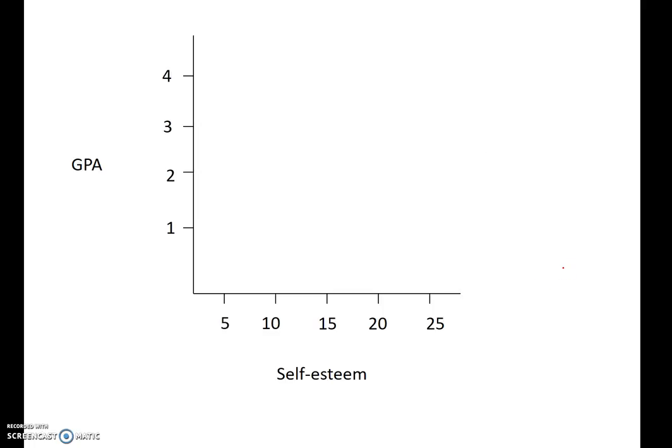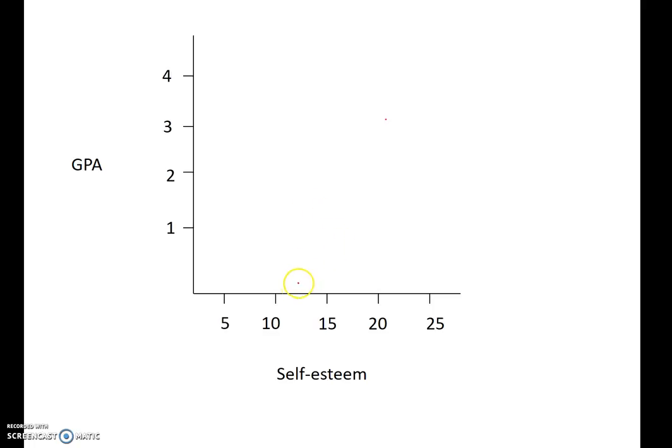All right, let's just say we were doing a study on GPA and self-esteem. We asked students to complete a self-esteem inventory, and that produced a self-esteem score. I'm going to take the data from each student and plot it here. Let's say student number 1 had a self-esteem of 22 and a GPA of 3.1, so I'm putting a little dot for that student right there.